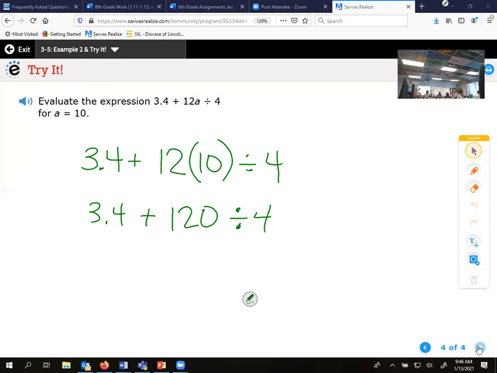Okay, if I have 12 and I divide it by 4, what is it? 3. So oops, we gotta add a 0 to the end. So we have 3.4 plus 30. What is 3.4 plus 30?